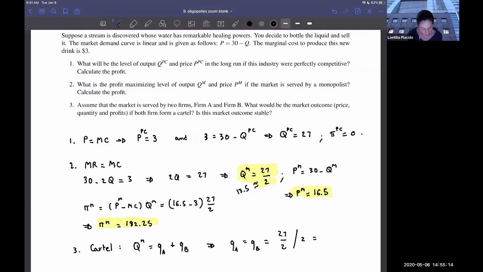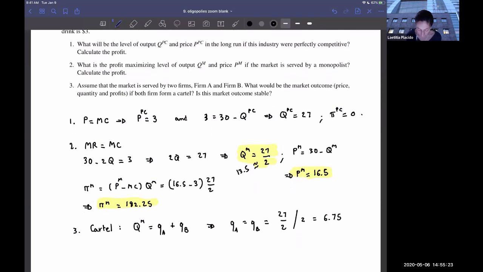Okay? So each firm is going to produce 6.75 units. Okay?